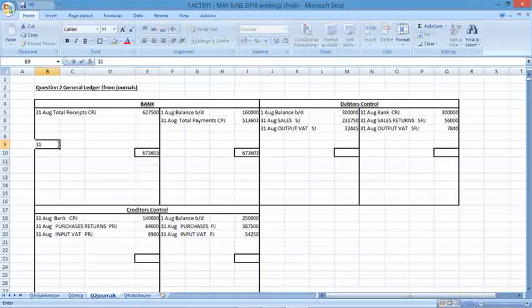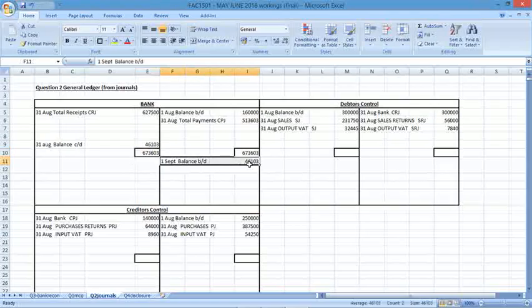Then on the 31st of August, you'll have a balance carried down, and on the 1st of September, you'll have a balance brought down. The balance brought down is going to be the difference between what you have here and what you have over there.